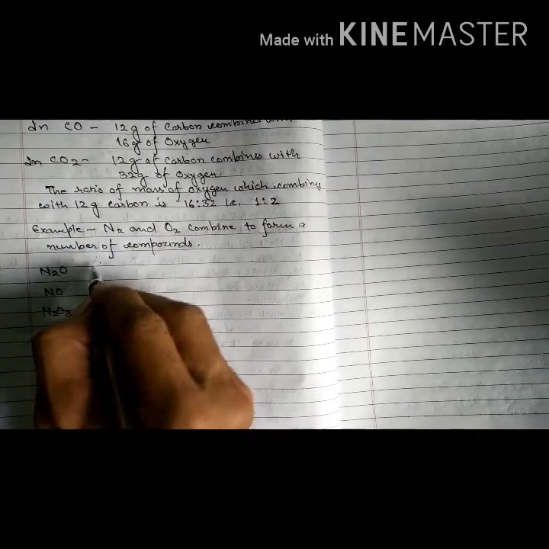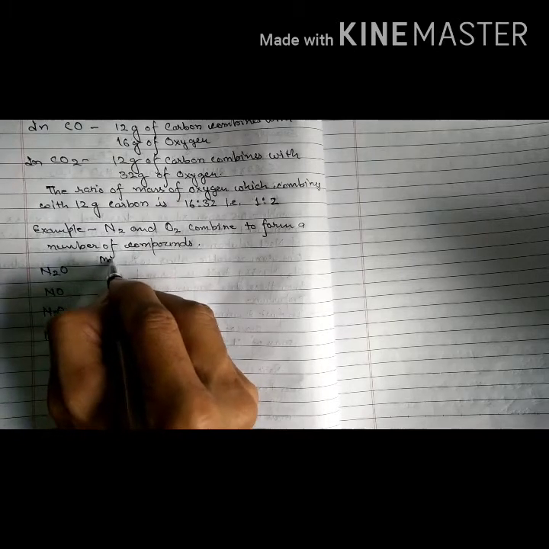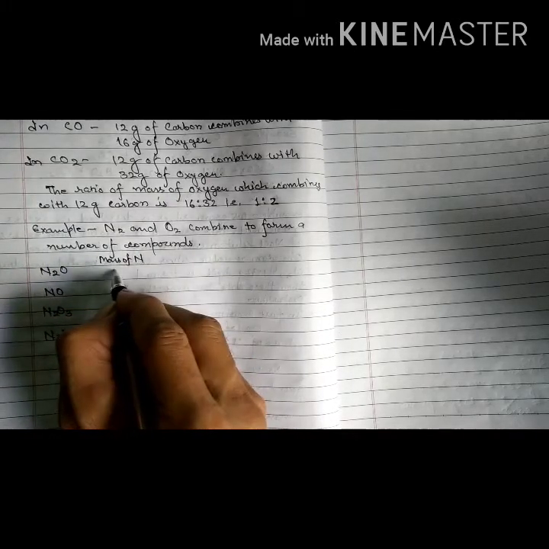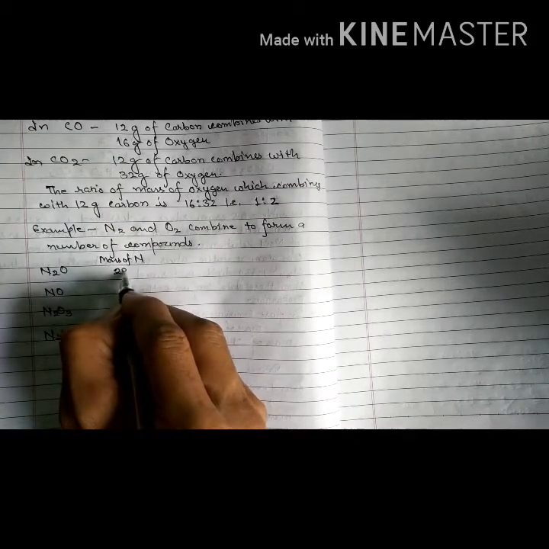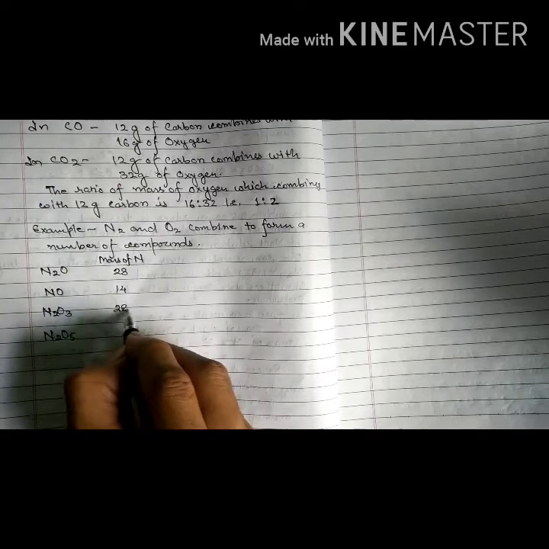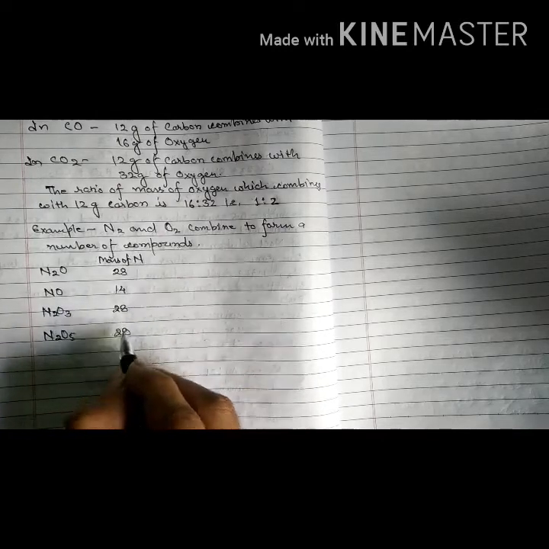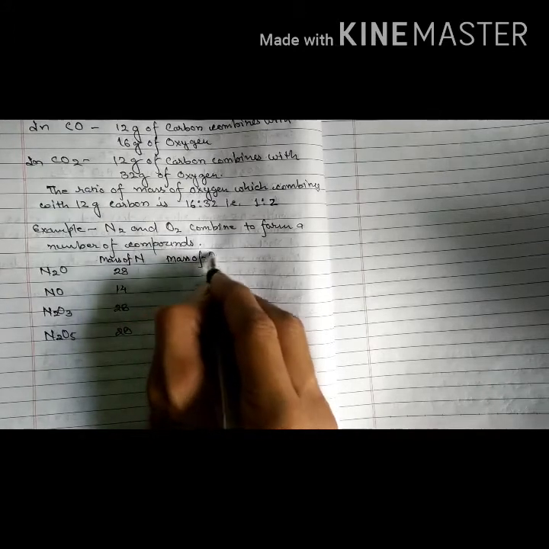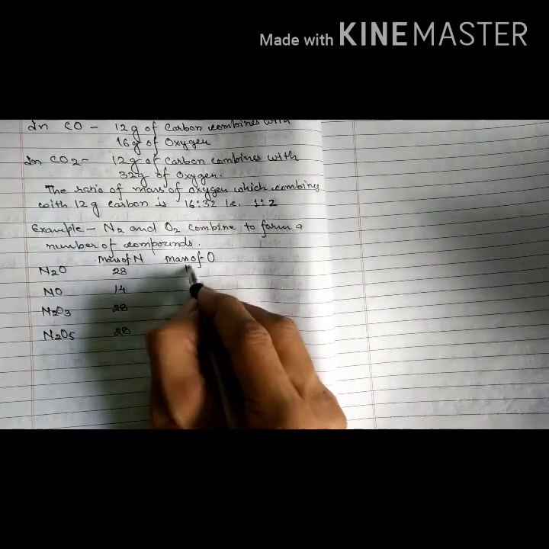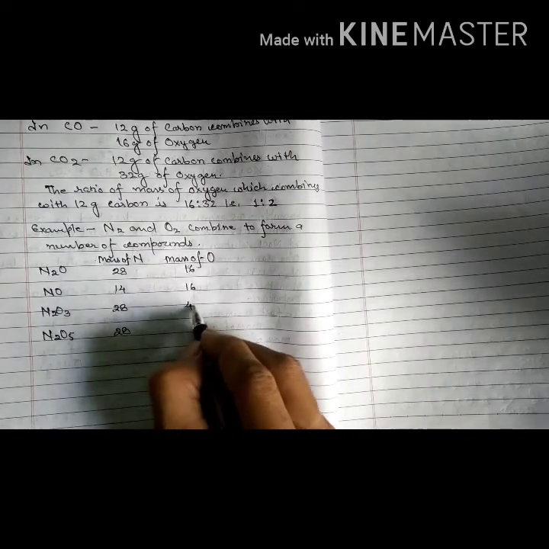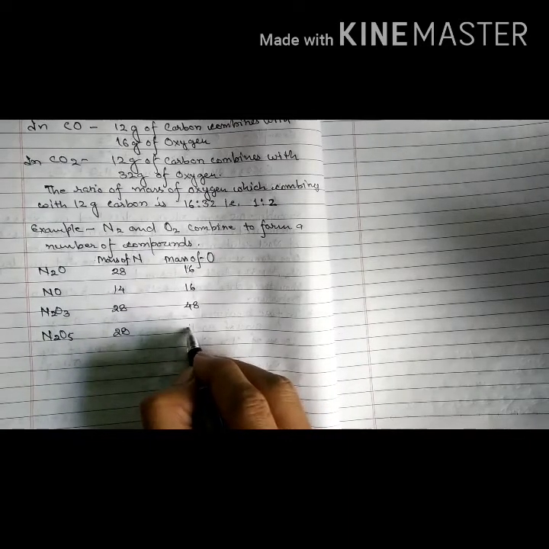Mass of nitrogen it is 28, 14, 28, 28. Mass of oxygen 16, 16, 48 and 80.